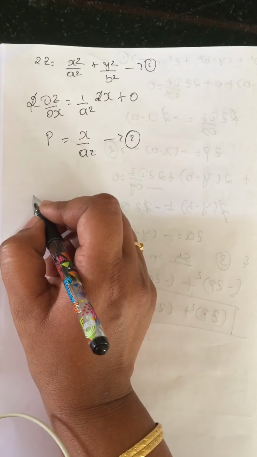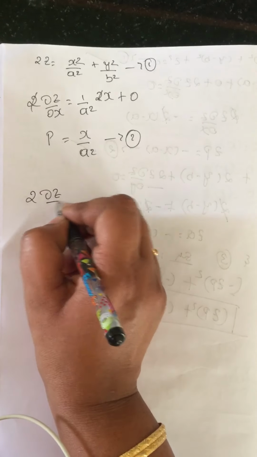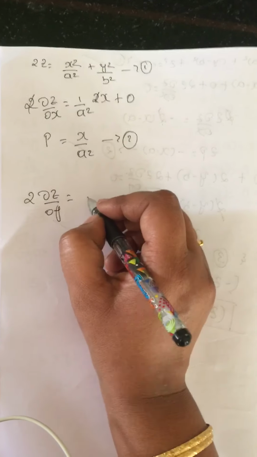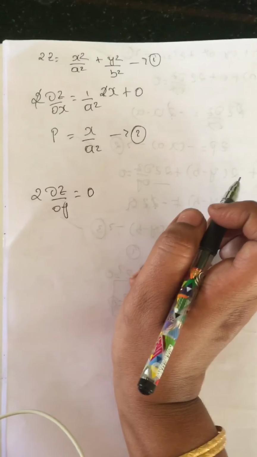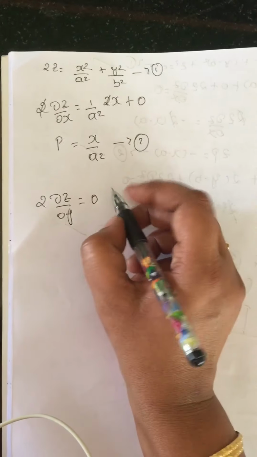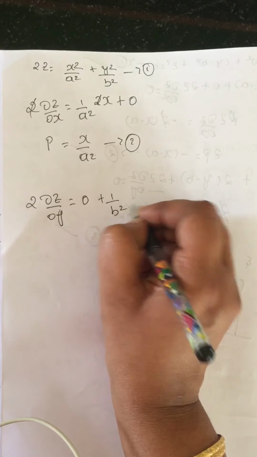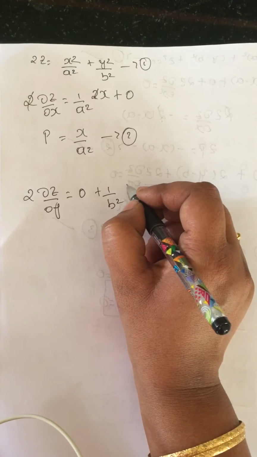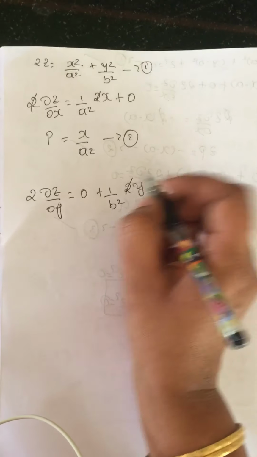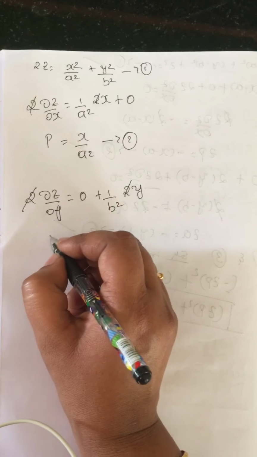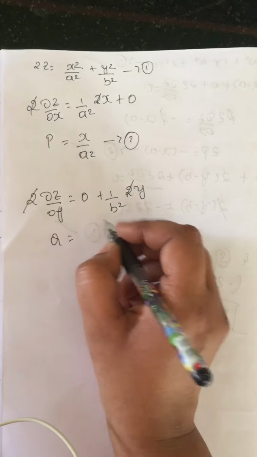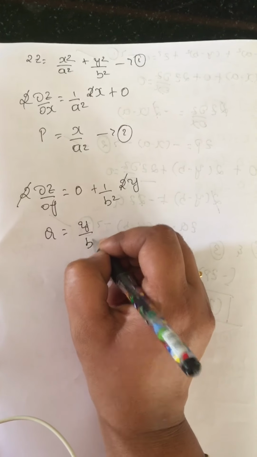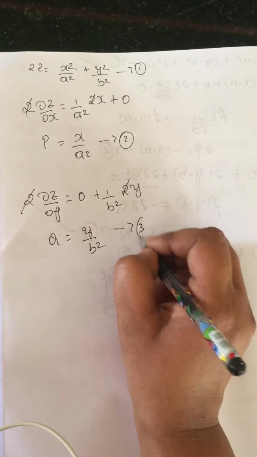Now, differentiate z with respect to y. 2 into del z by del y; derivative of x square by a square is 0; derivative of y square plus 1 by b square, which is constant; derivative of y square is 2y. Then the 2 cancels, and del z by del y can be written as q, which is equal to y by b square. So, call it equation number 3.